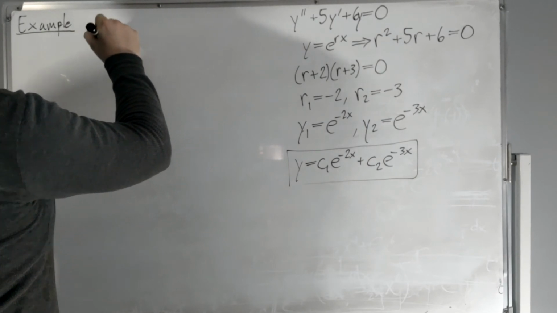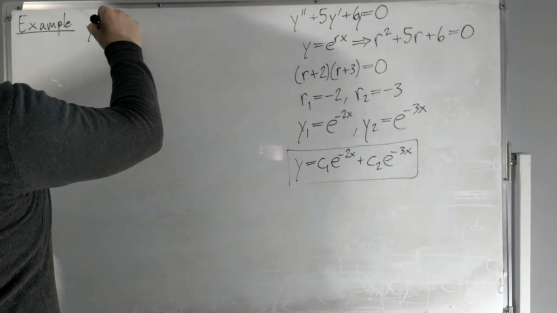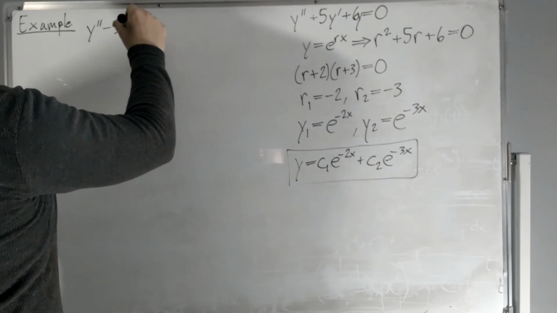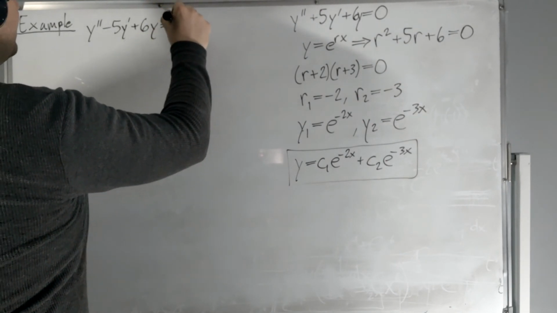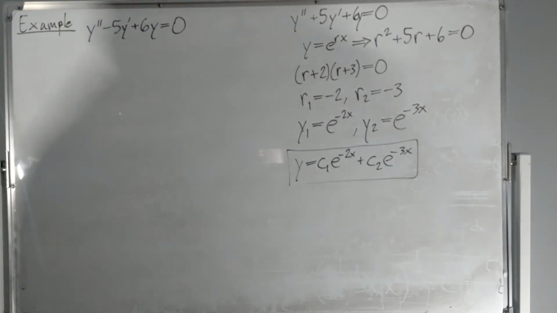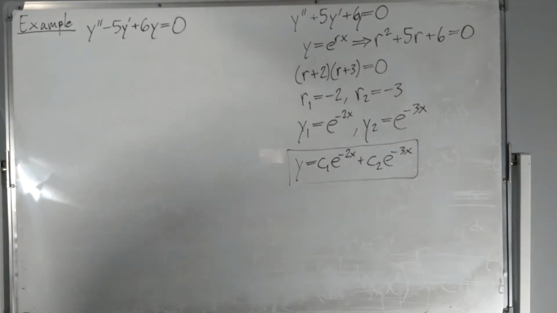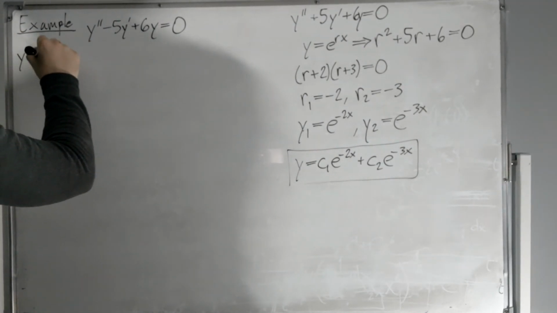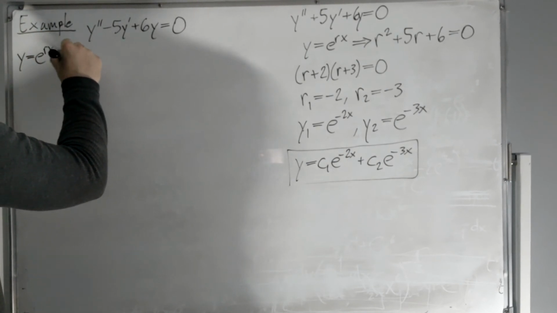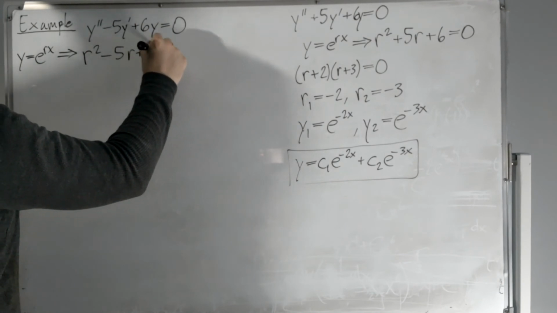y prime prime minus 5y prime plus 6y equals 0. All right, so again, if you take y to be e to the rx, then what you get here is r squared minus 5r plus 6 equals 0.